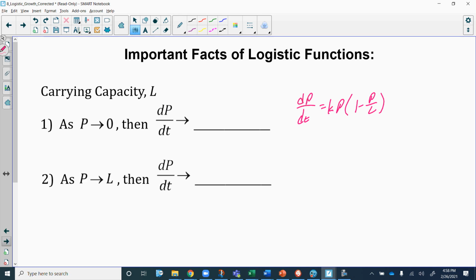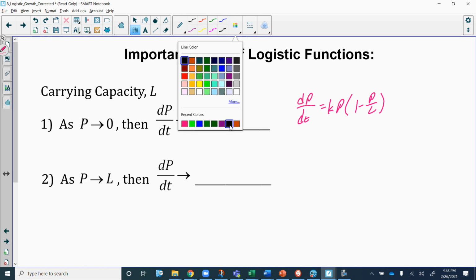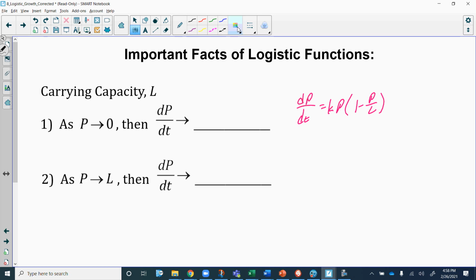So you can see as P approaches 0, let's say we have 0 over L. Well, 0 over L is 0, so 1 minus 0 is 1, and 1 times kP is just kP. So as P approaches 0, the solution of the differential equation, dP/dt, is just going to approach whatever the value of k times P happens to be.